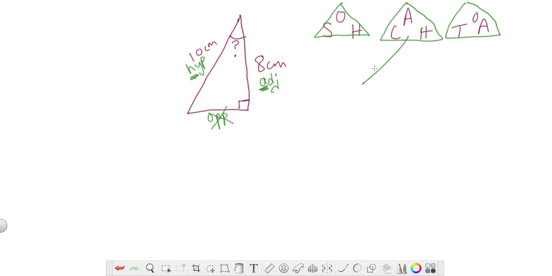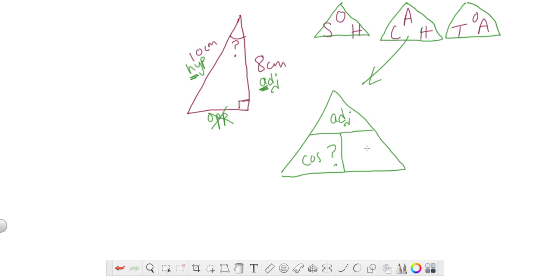So we can use that triangle. Now that's cosine, angle, adjacent, and H for hypotenuse.